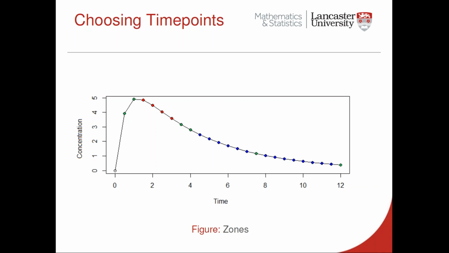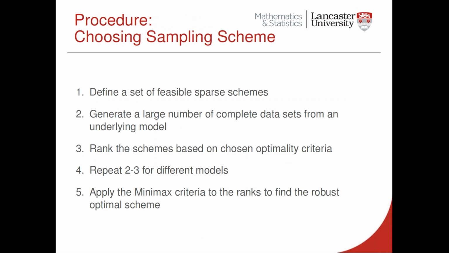And then we had 1 time point between 4.5 hours and 11.5 hours, and the optimal one to choose in this case is at 7.5 hours, and then we have a fixed time point at 12 hours as the final time point to sample from.